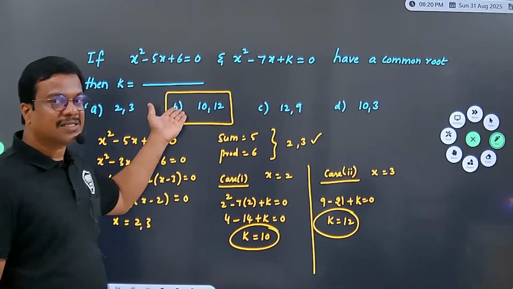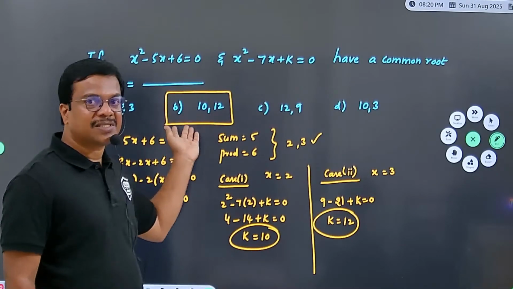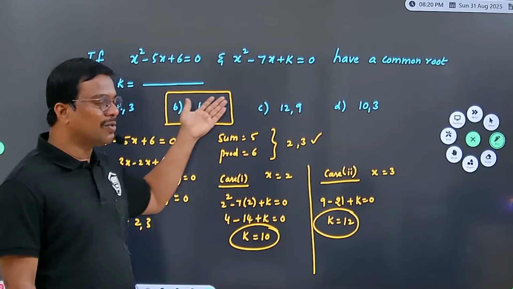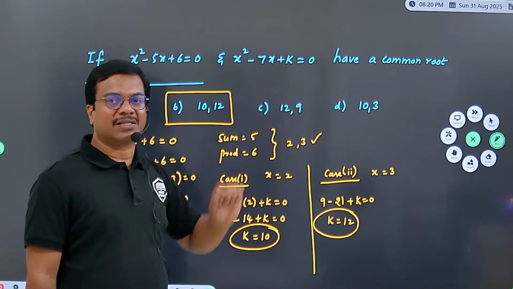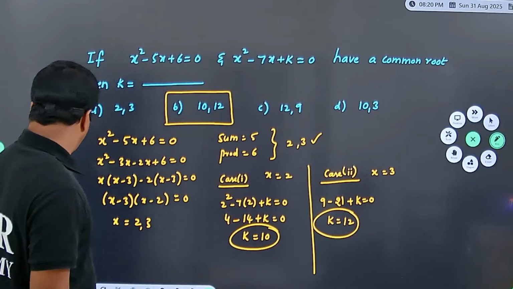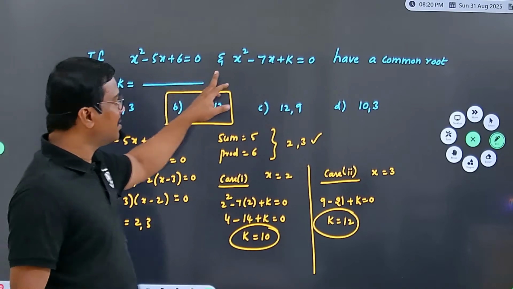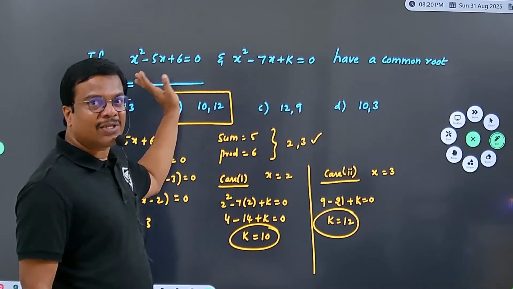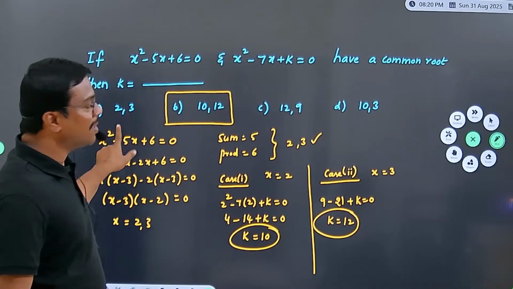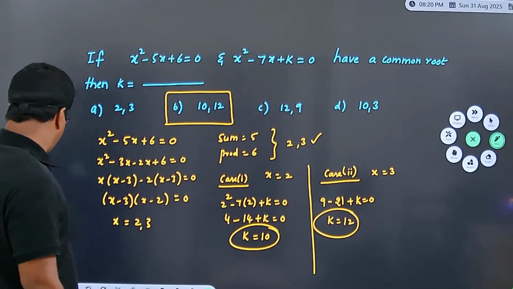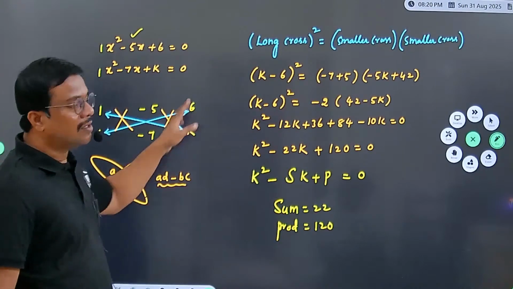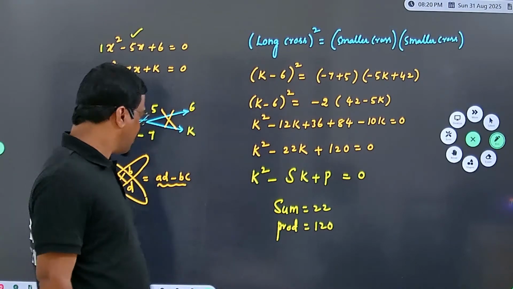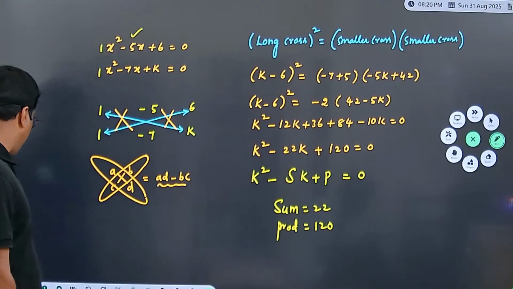The option which satisfies the sum of roots and product of roots is your answer. Depending upon the coefficients, when the coefficients are more than 5, this is the best method. If the coefficients are smaller numbers, then the other one is easy for you. You may follow any one of these two.